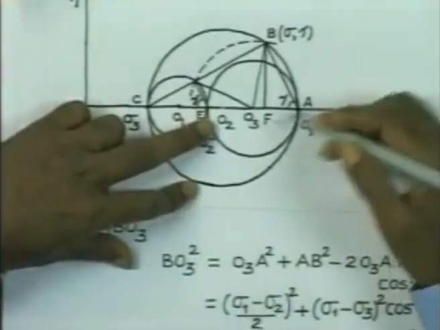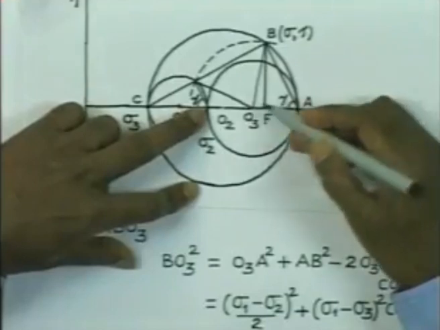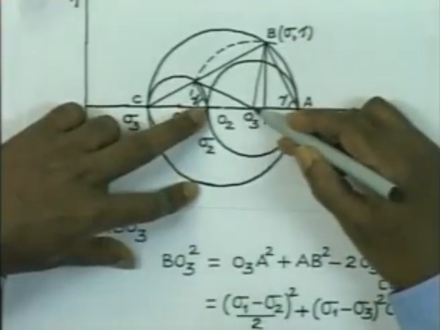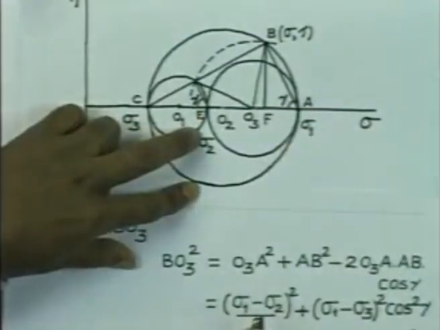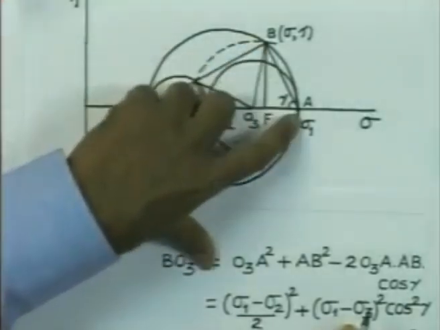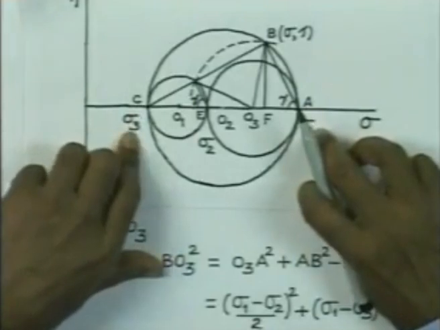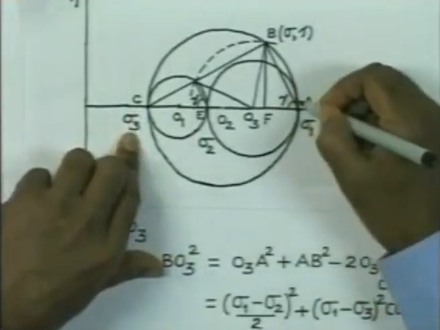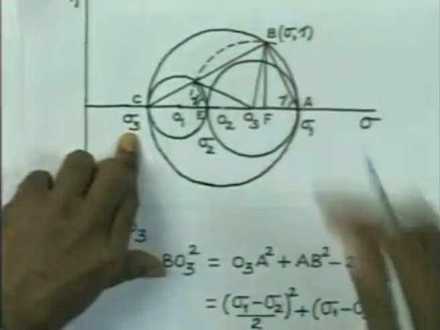Now you can see that O3A is nothing but sigma 1 minus sigma 2 by 2. And this AB, this distance AC, is sigma 1 minus sigma 3, and if I take the cosine of that, that will be sigma 1 minus sigma 3 cosine gamma, that is the AB.